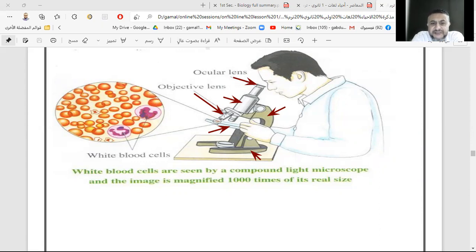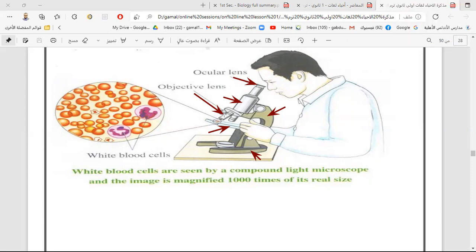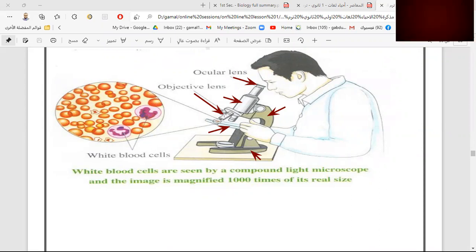You can use different objective lenses. For example, one lens has a magnification power of 10 times, another about 20, maybe 40 times, maybe one lens 50 times.